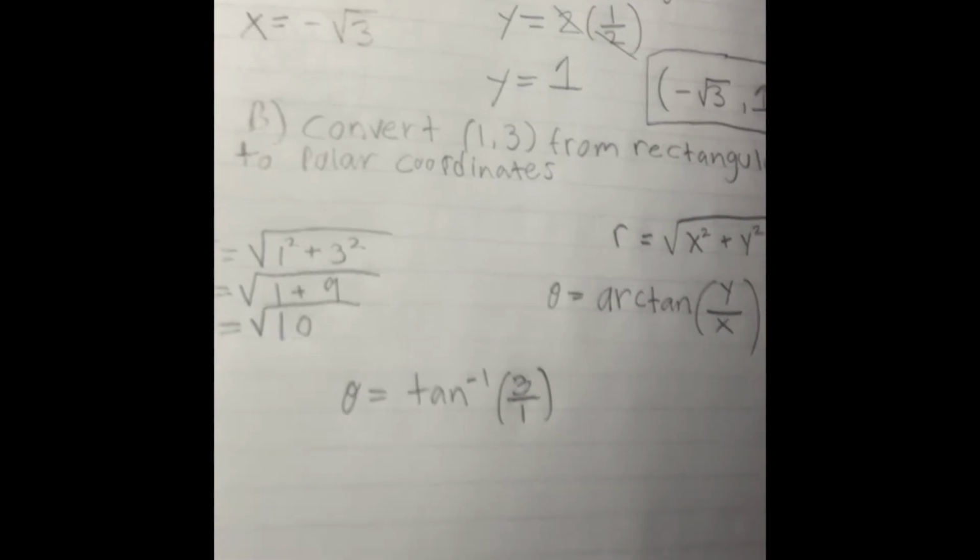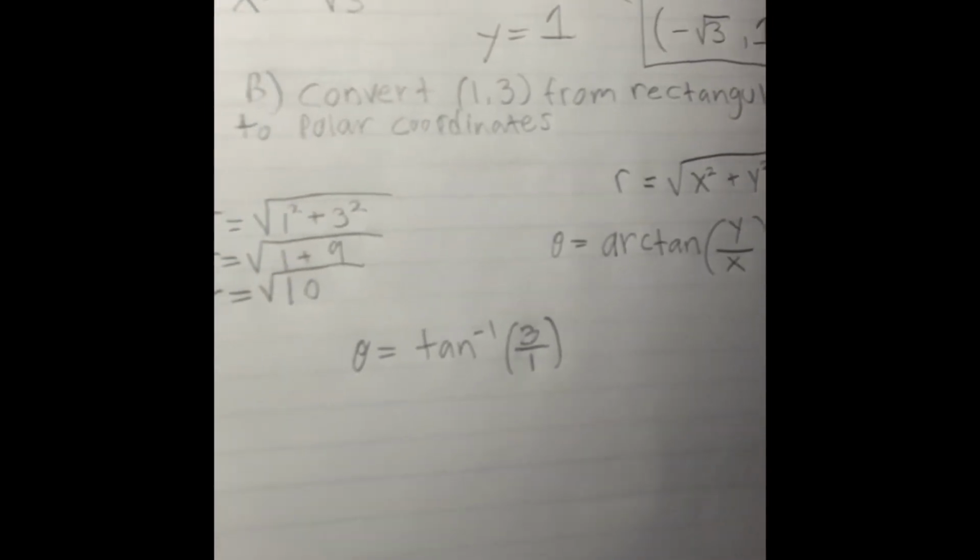So that's how you're going to need to set it up in order to solve for theta. So I'm just going to use my calculator to get the exact solution. So tan of -1, and then 3/1.